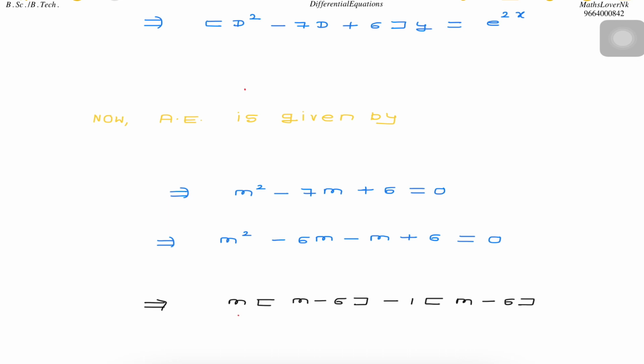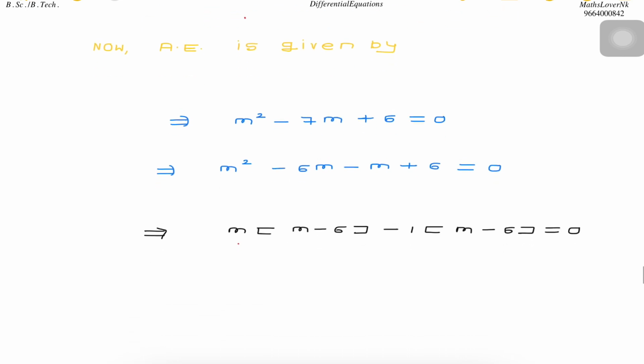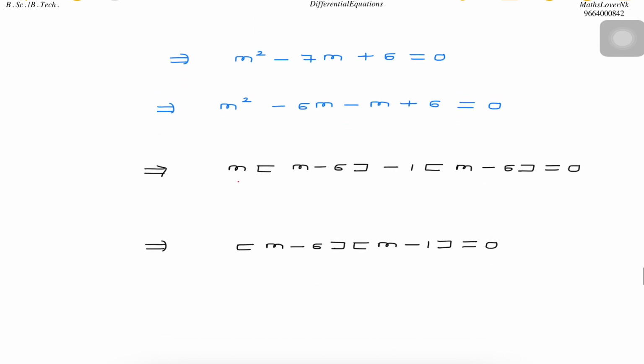By the splitting of the middle term, we are solving this. Here we get 2 factors because a quadratic equation always has 2 factors and 2 roots. Then we get m minus 6 into m minus 1 is equal to 0. When we put each equal to 0 one by one, we get m minus 6 is equal to 0, so m is equal to 6. And when m minus 1 is equal to 0, m is equal to plus 1.